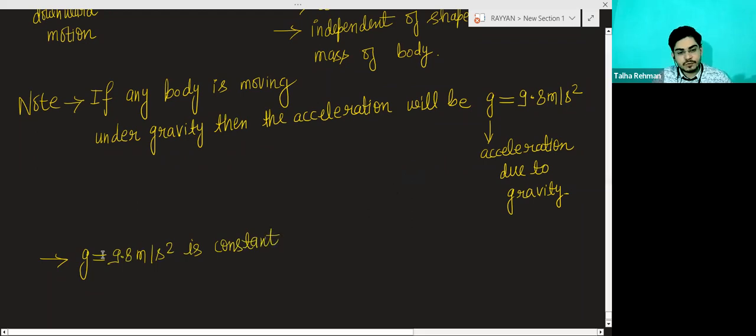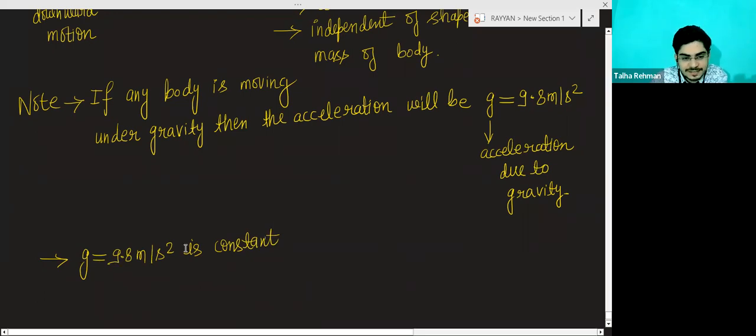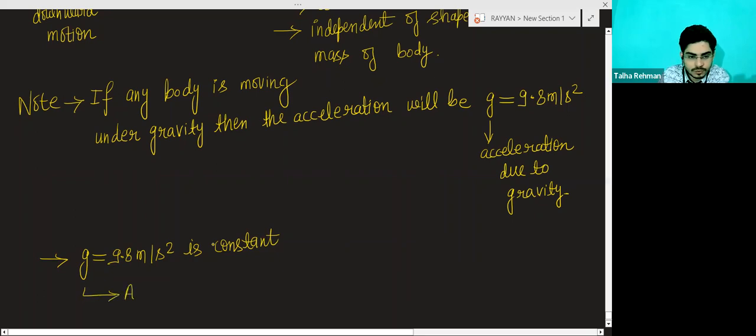So what is g? g is the acceleration. So it means the acceleration is constant.